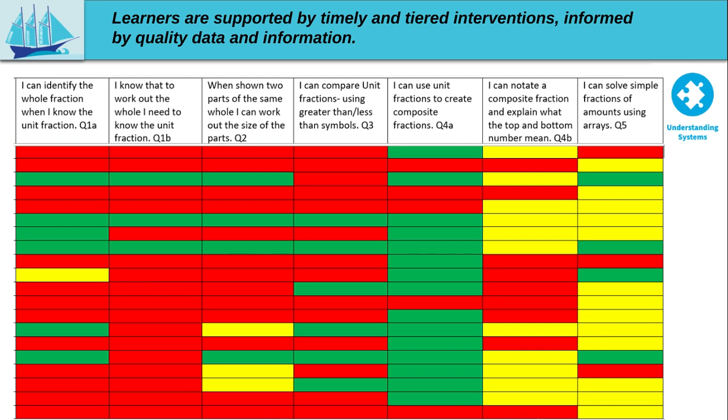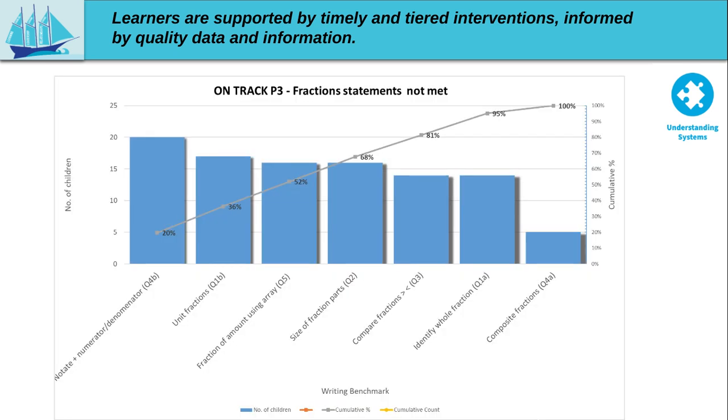However, when you take this information and put it in a Pareto, because it's binary and it either can be done or can't be done, everything which is yellow has to turn red. And so in fact, the second to last column, question 4b, is the one that would warrant most attention. And according to this Pareto, that's exactly what it shows.